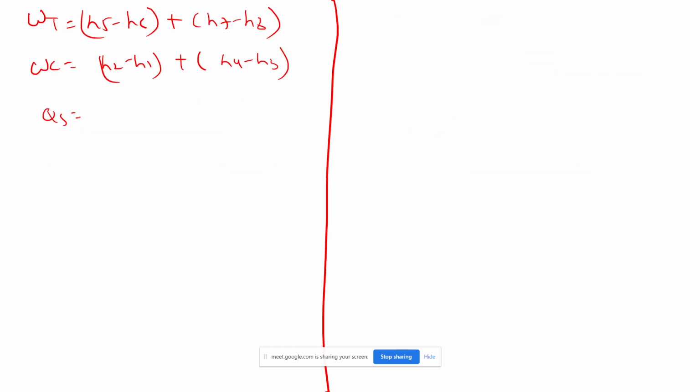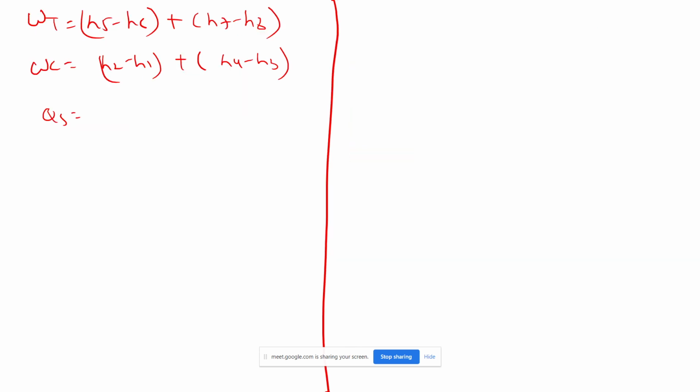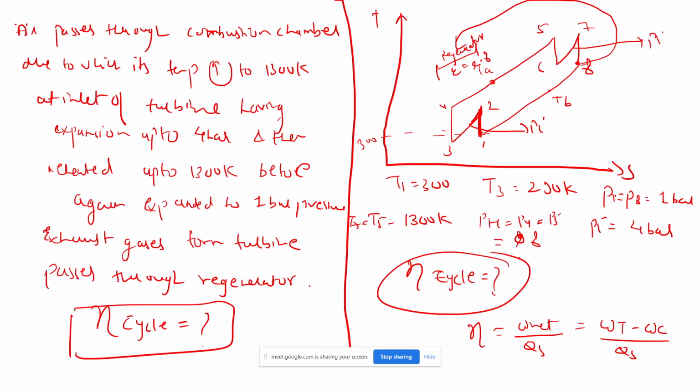And the heat addition, what will it be? H5 minus H4, plus H7 minus H6. That is heat rejected, no, sir?